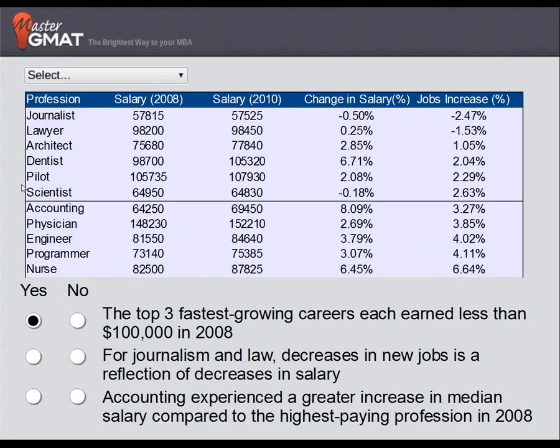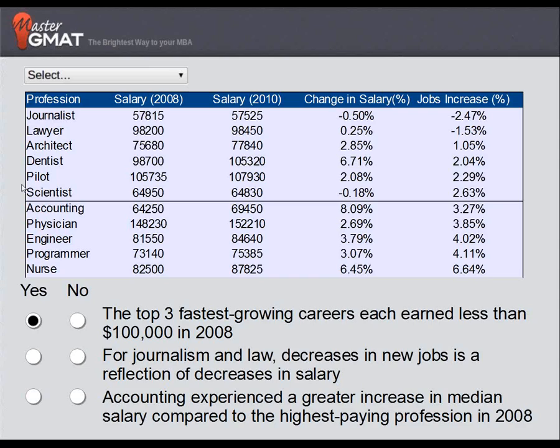Now, the next statement says, for journalism and law, decreases in new jobs is a reflection of decreases in salary. All right. So it's saying that the loss in jobs is a direct result of a decrease in salary. So we're going to need to verify if that's true.